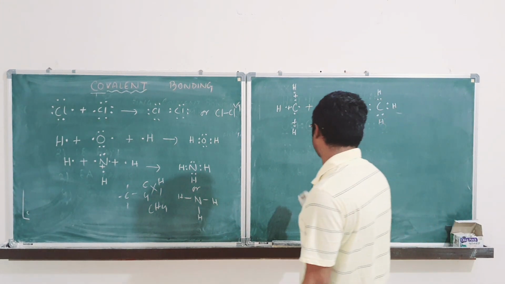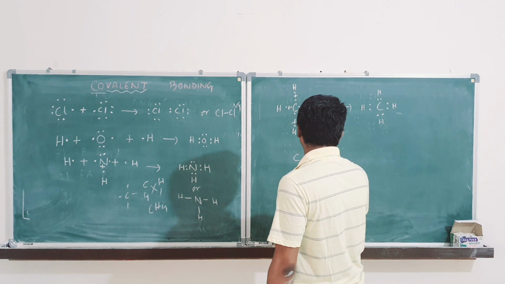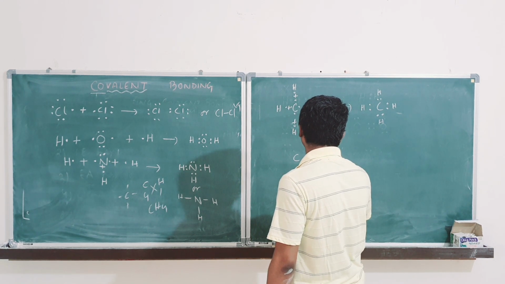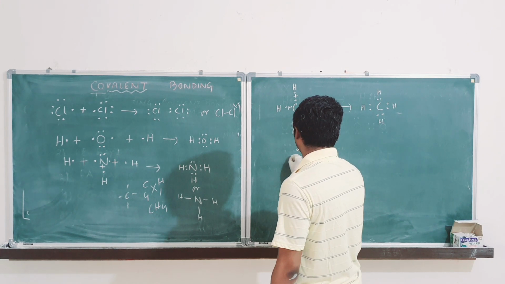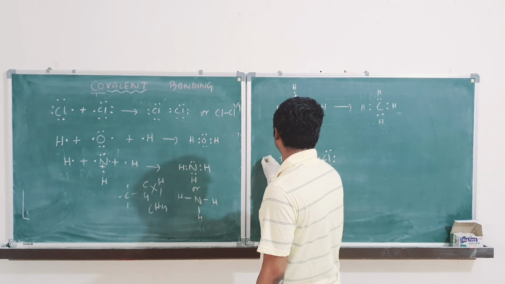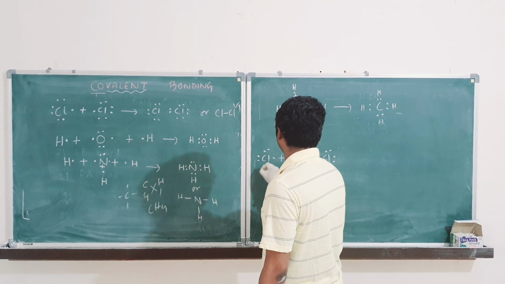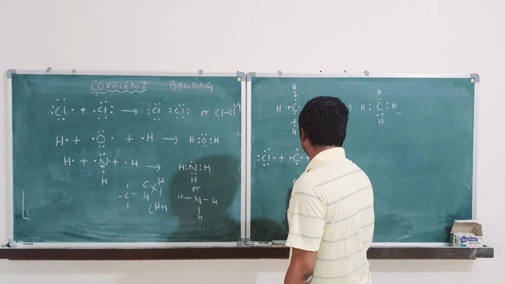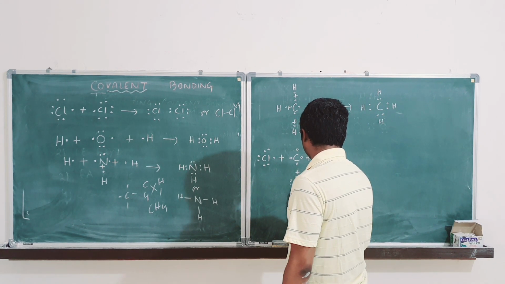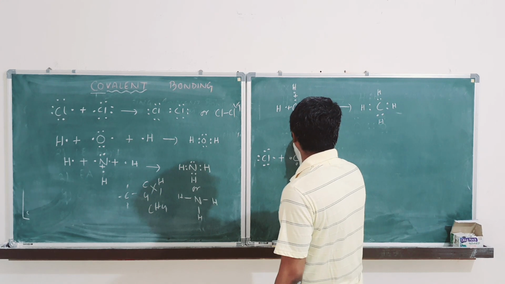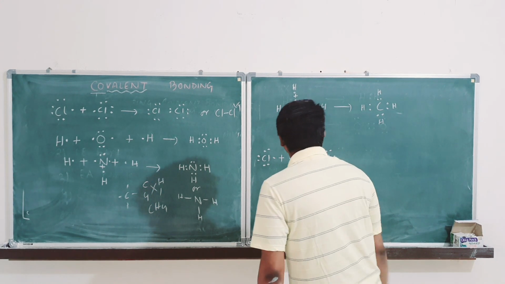CCl4, single bond of carbon. Carbon has 4 electrons in its valence shell, and chlorine has 7.